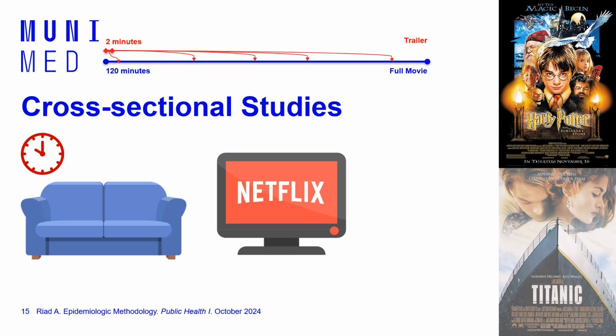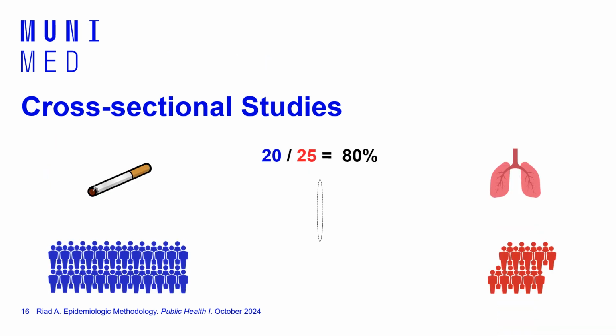Also, when you look at the poster of Titanic, you can imagine that this is probably about the story of the famous ship Titanic, and there was probably also some romantic story within this movie. So having a look at the trailer or the poster of the movie will help you have an idea about the 2-hour movie itself. And the same is what we can get from cross-sectional studies about real world interactions.